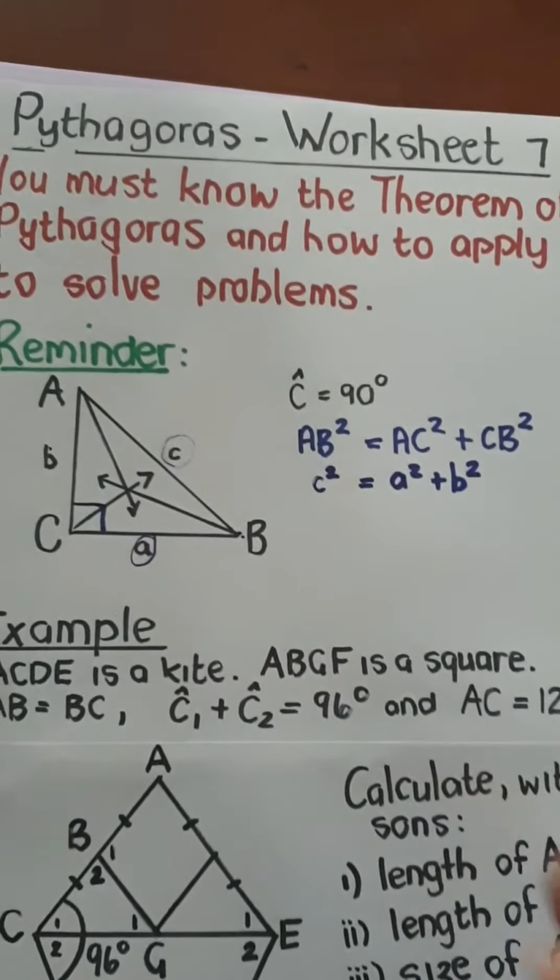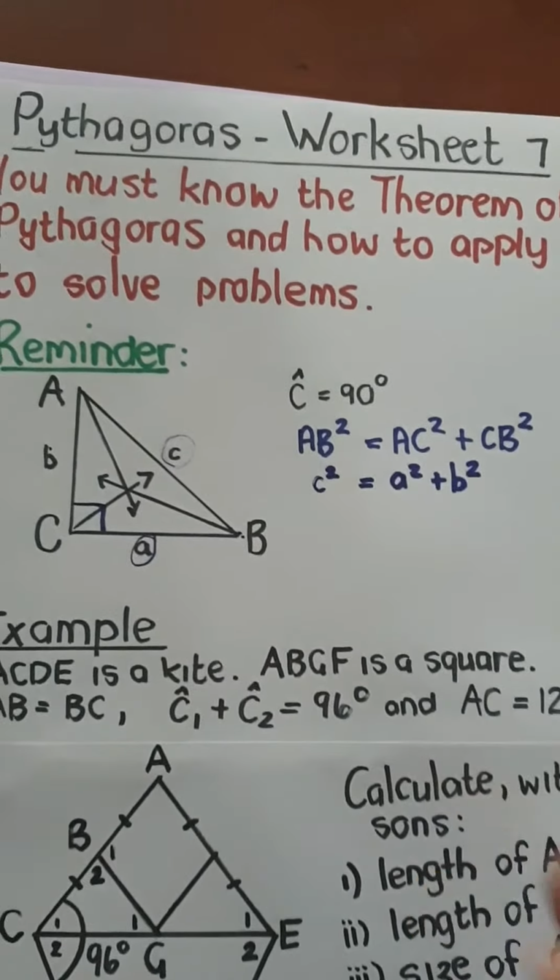So let's write that for number 3. I'm going to say angle A plus angle C1 plus angle E1 must be 180 degrees, and the reason will be the sum of the interior angles of a triangle.